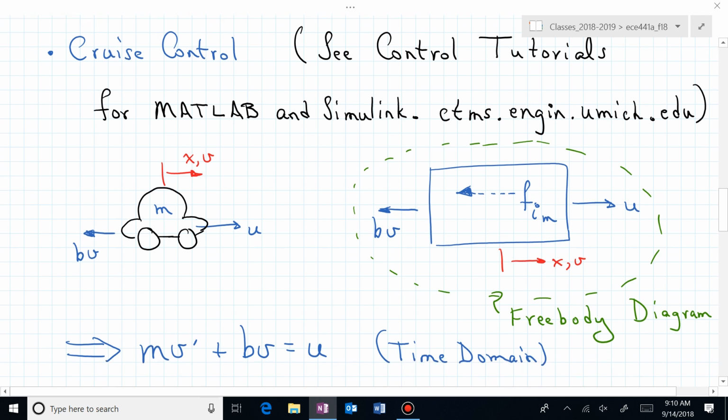The position and velocity I've drawn, I've basically said, okay, here's where I'm going to assume is 0, and then I'm assuming there's some velocity damping in that system proportional to the velocity, and that's where this BV force is coming from. So we have a force due to the applied force, input, U. We have some force due to the speed of the vehicle. You could think of that as wind resistance.